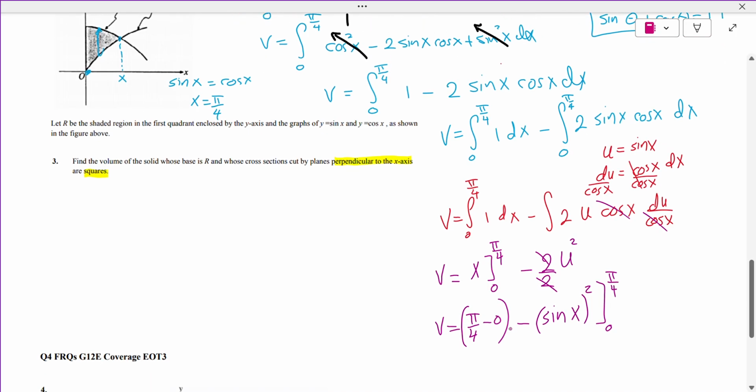Now if you evaluate this, the volume is pi over 4 minus sine squared of pi over 4 minus sine squared of 0, which is pi over 4 minus 1 over 2. This is the volume: pi over 4 minus 1 over 2.